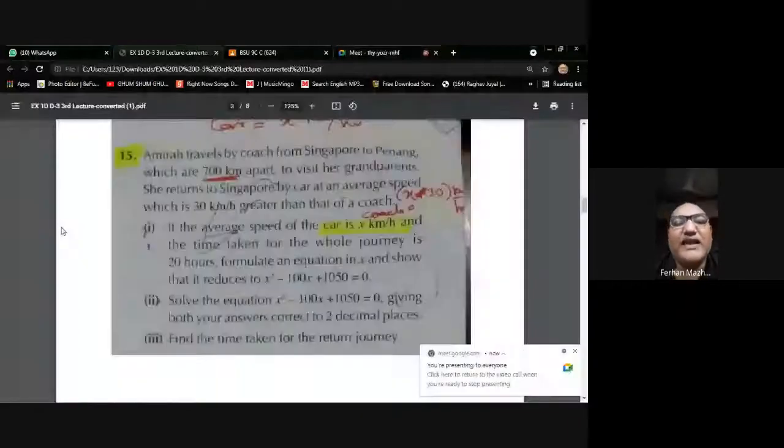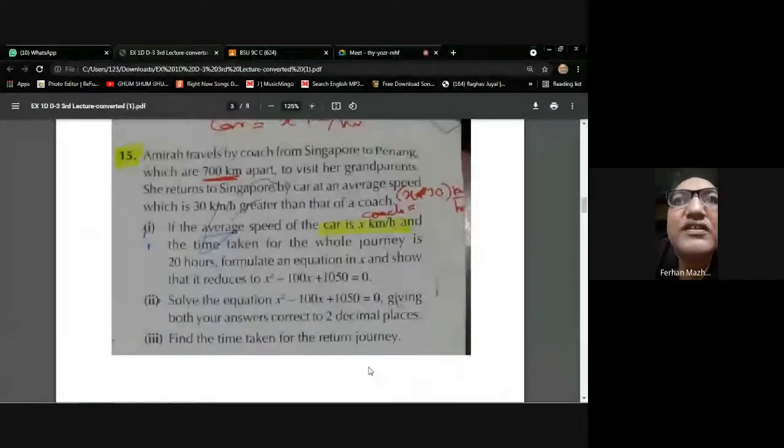Okay, so we are in exercise 1D and question number 17. Amira travels by coach from Singapore to Penang, which are 700 kilometers apart, to visit her grandparents. She returns to Singapore by car at an average speed which is 30 kilometers per hour greater than that of a coach.